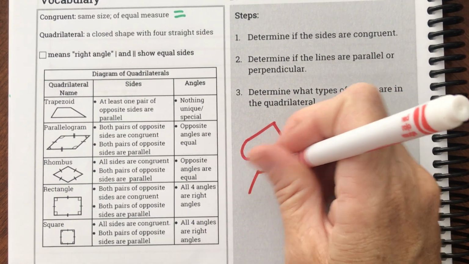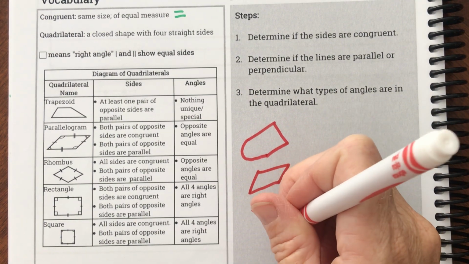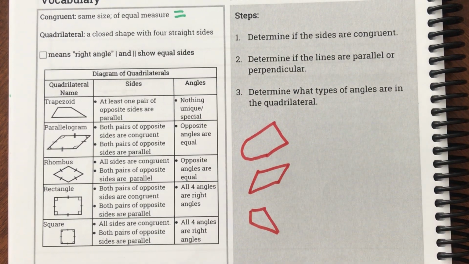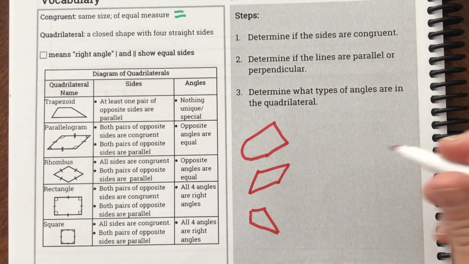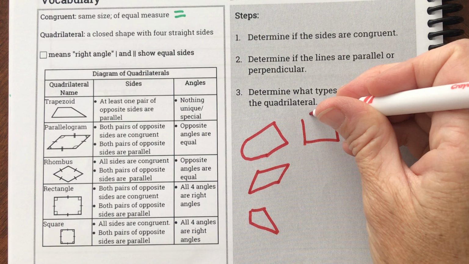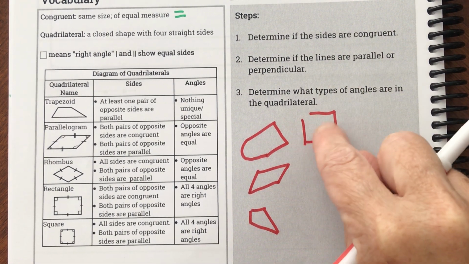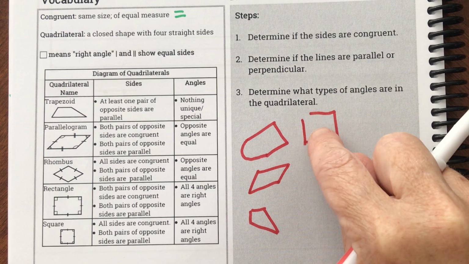But if I had 1, 2, 3, 4, anything where the sides are straight, and then they also have to be closed. So if I had 1, 2, 3, 4, that would also not be a quadrilateral, because that is what they mean by has to be closed.